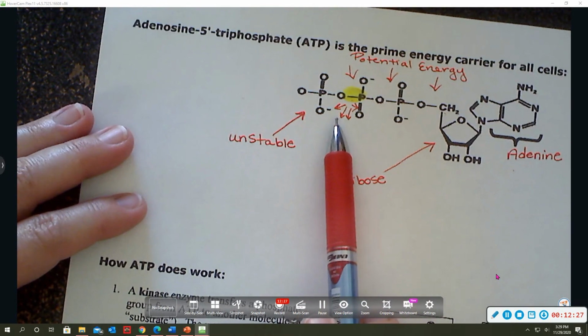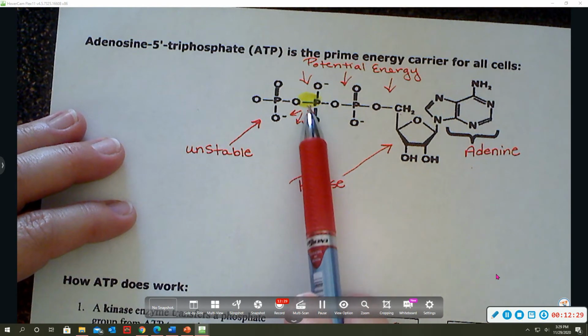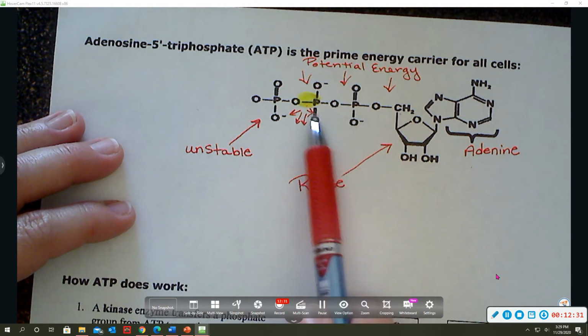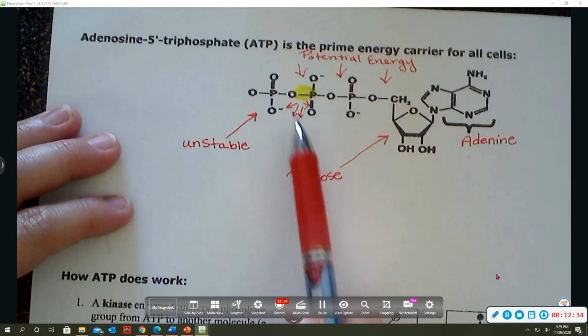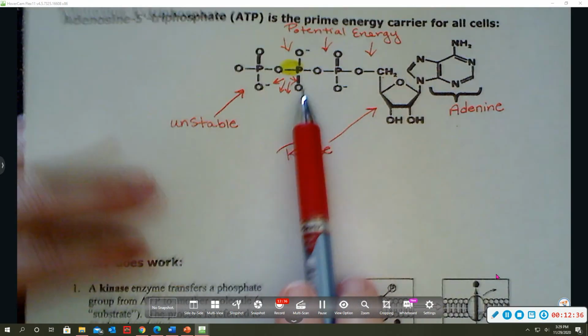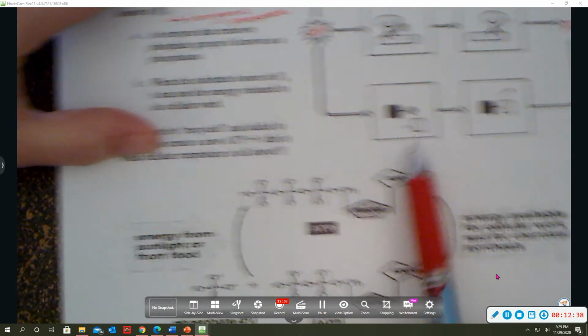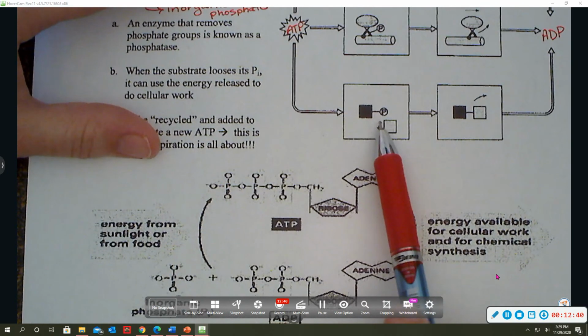So moral of the story is it's all about the energy that's stored in these bonds. And if I give this phosphate to another molecule like I did here, probably uses a kinase molecule to do it.